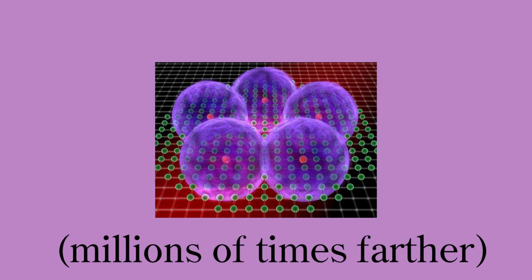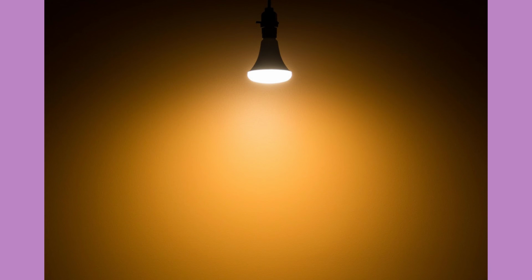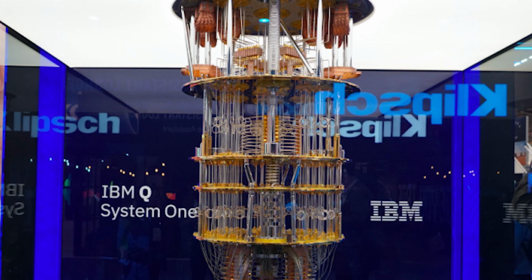Scientists are creating special atoms called Rydberg atoms, which have a singular outer valence electron that can be excited to very high quantum states. The excited valence electron in a Rydberg atom can travel as far as microns from the nucleus. That's millions of times further than they usually are. This allows Rydberg atoms to interact with nearby atoms and to be controlled by light. These characteristics can help scientists construct quantum computers.